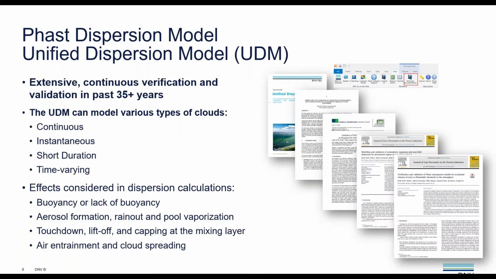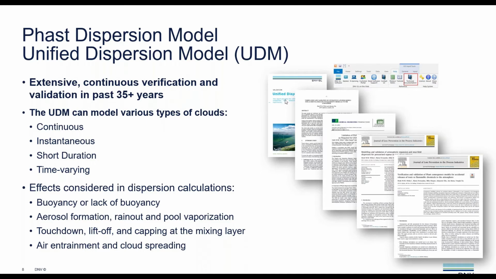So we are going to focus now on the FAST dispersion model. We call it the Unified Dispersion Model, in short, the UDM model. There has been extensive continuous verification and validation for the past 35 years with the latest experimental data that is available. If you look at the technical documentation section in the program, you'll be able to find a UDM validation document.